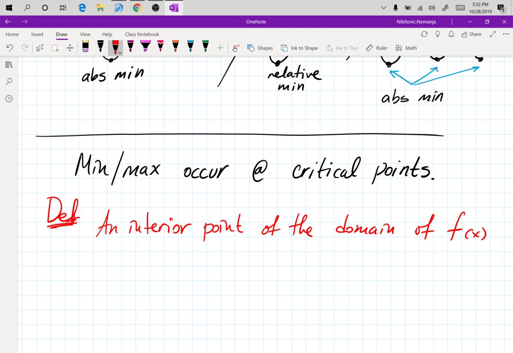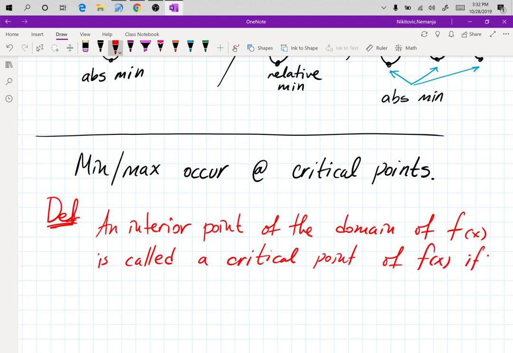So if you have an interior point in a domain, it is called a critical point of f of x if, number one, oh, you know what I forgot, guys? I forgot to give that point a name. So over here, we need to insert c, lowercase c.